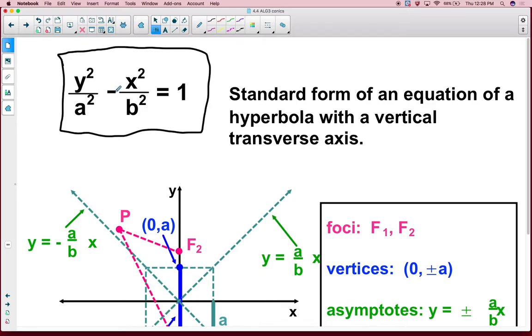See how it's a minus here for hyperbolas? So when we're looking at if it's a hyperbola or not, the main part is the minus. So in this part, we have y squared first. That's your positive part, minus your x squared over b squared. And it's still equal to 1. So if it is not equal to 1, then we would make it equal to 1.